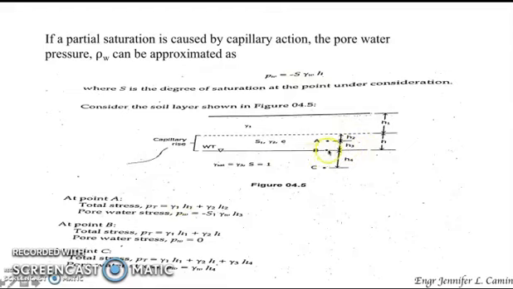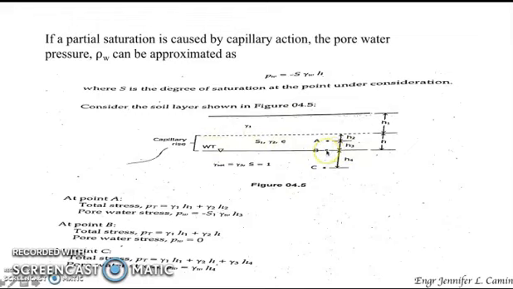At point B, the total stress will be equivalent to small h times the unit weight of that soil layer plus H1 times the unit weight of that soil layer. The pore water pressure at point B is equal to 0, since point B is within the water table.